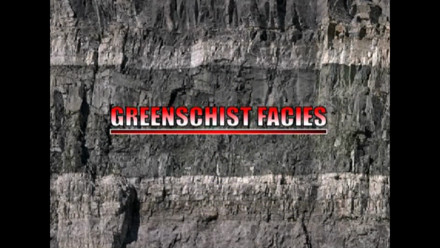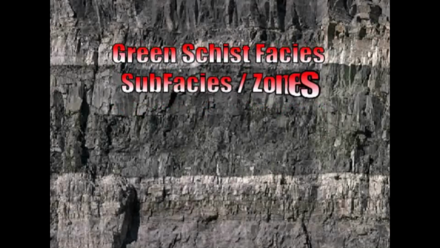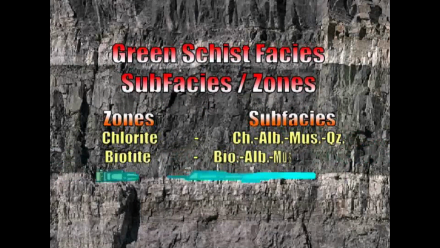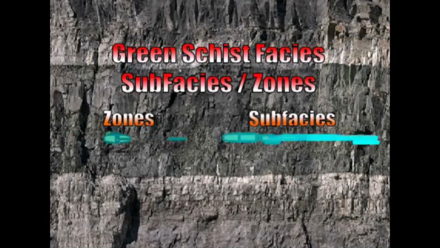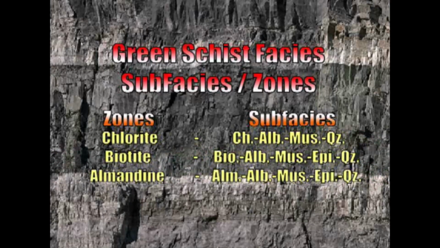First is the chlorite zone, or quartz, albite, muscovite, chlorite subfacies. Second is the biotite zone, or quartz, albite, muscovite, biotite subfacies. And third is the almandine garnet zone, or quartz, albite, muscovite, almandine subfacies.